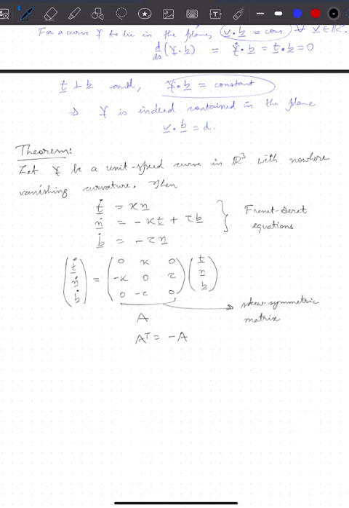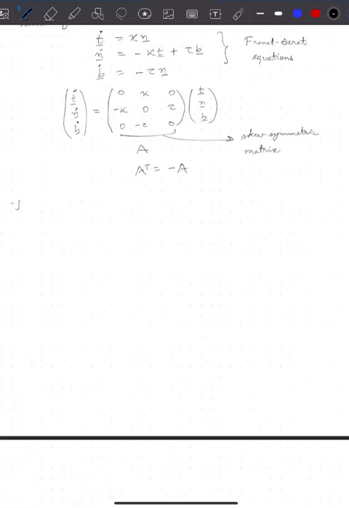And one more theorem. Let me have one small proposition here. Of course, we are not going to prove it, although it's very straightforward.